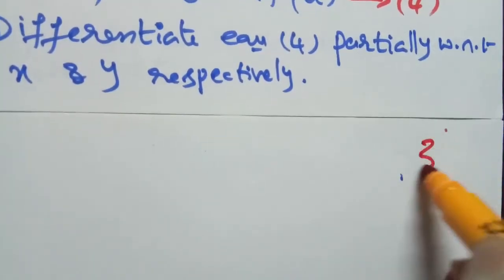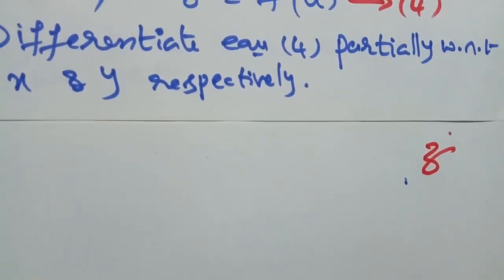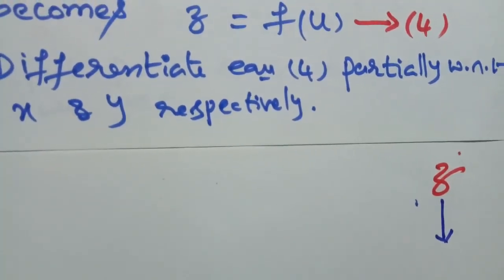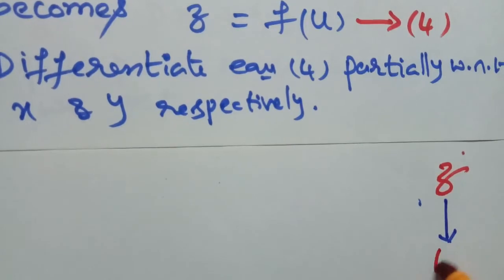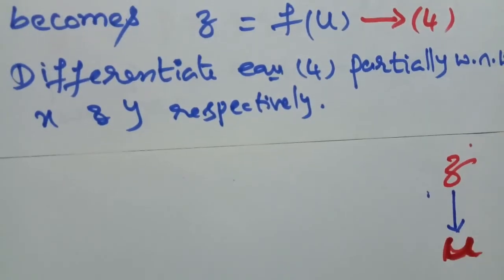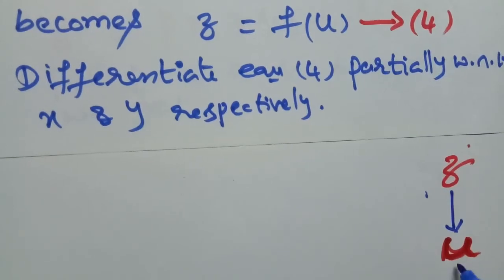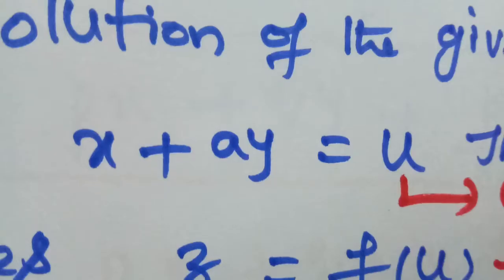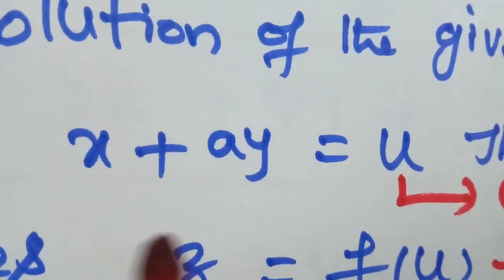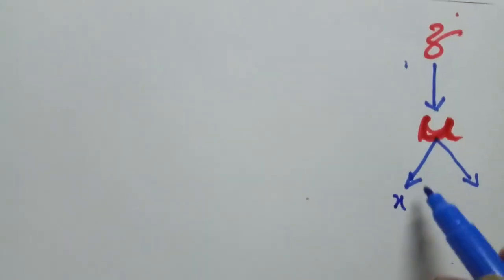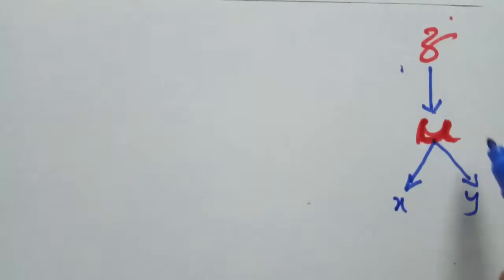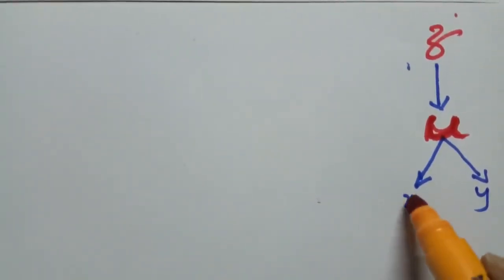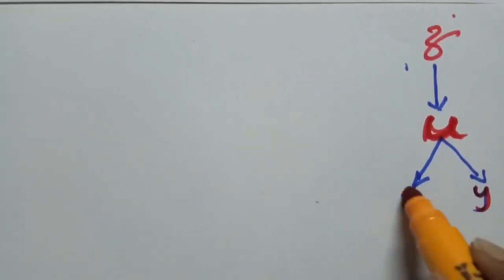Here z is a function of u, and u is again a function of x comma y. So z is a function of u, and u is again a function of x comma y.